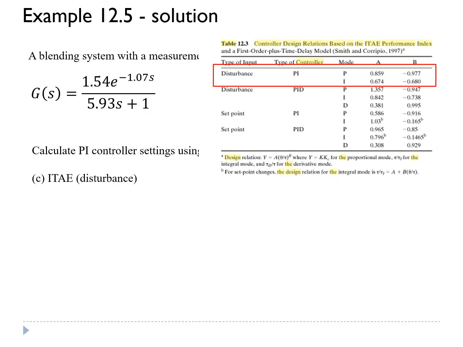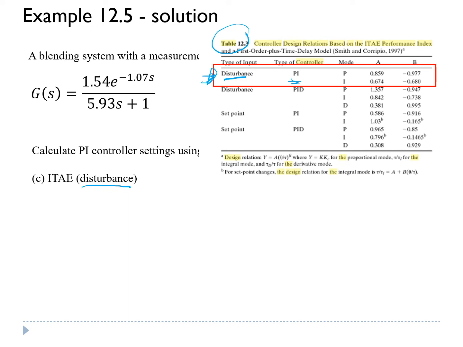Next, for part C and D, you need to calculate the PI controller setting using integral of time weighted absolute error, ITAE. So you need to refer to table 12.3. For part C, you need to calculate for disturbance change. So we refer to the first row for disturbance change for PI controller.